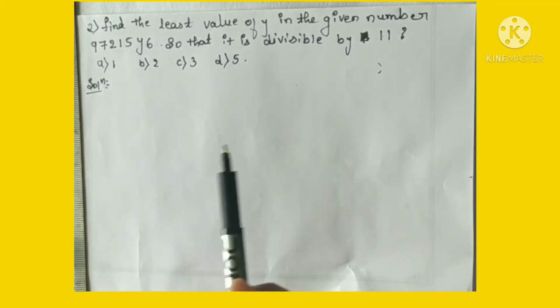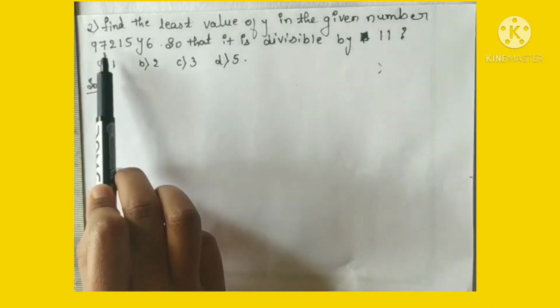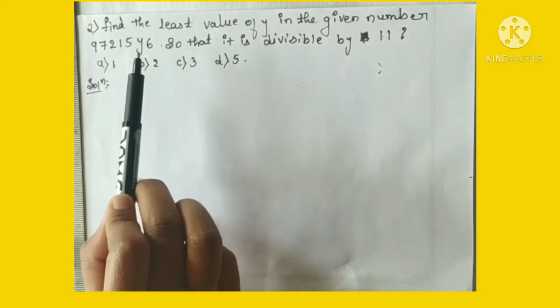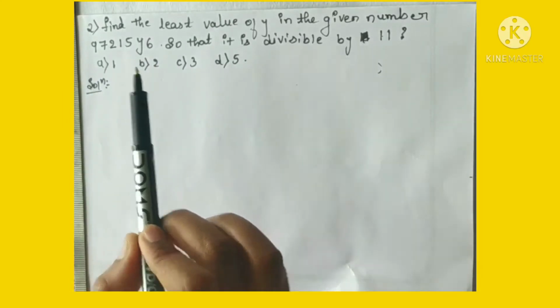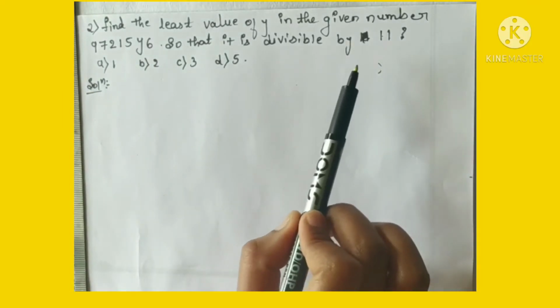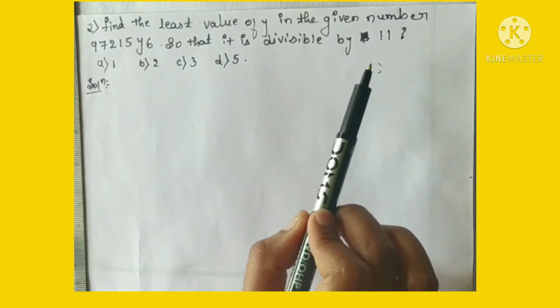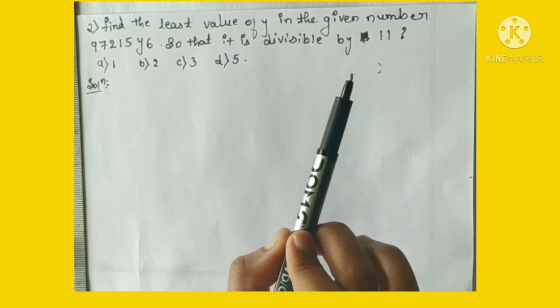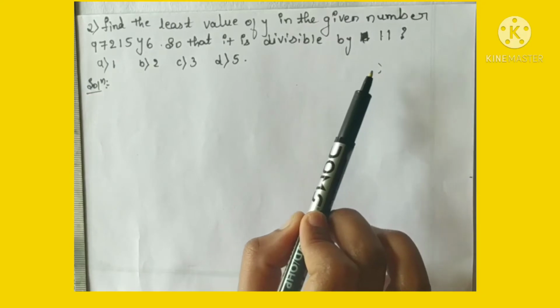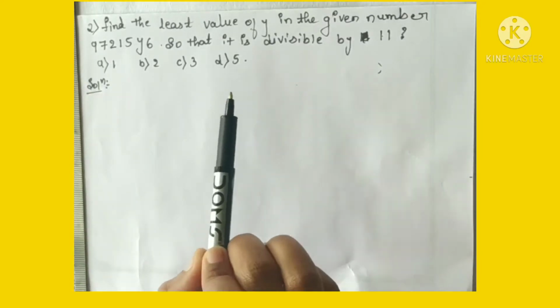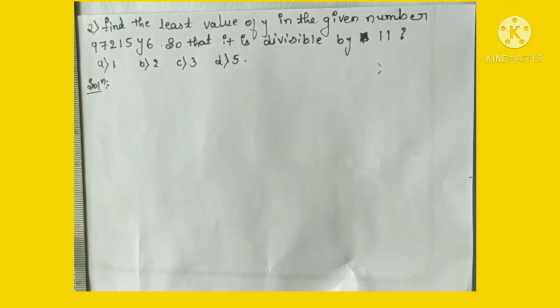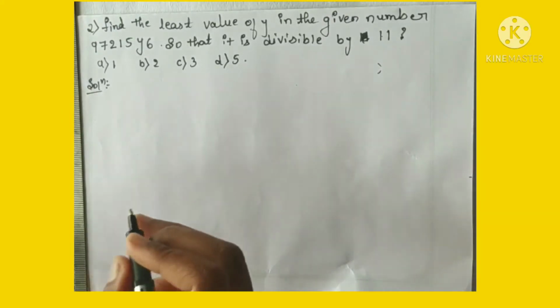Here they gave a number 97215y6 which is exactly divisible by 11. So here we have to apply the divisibility rule of 11, which says the sum of the even place digits minus the sum of the odd place digits is equal to 0 or a multiple of 11. I apply that rule here also.